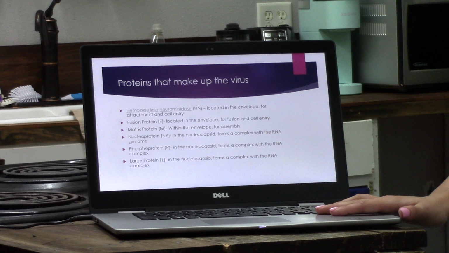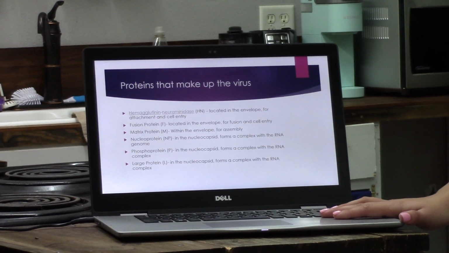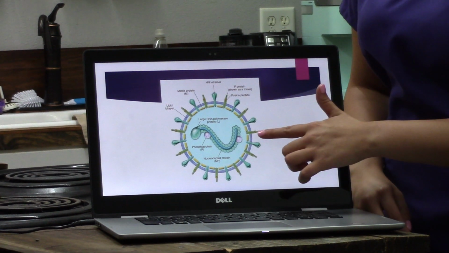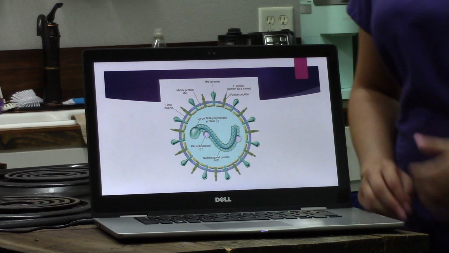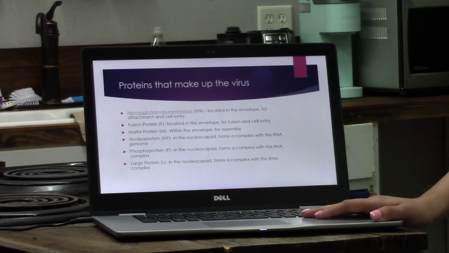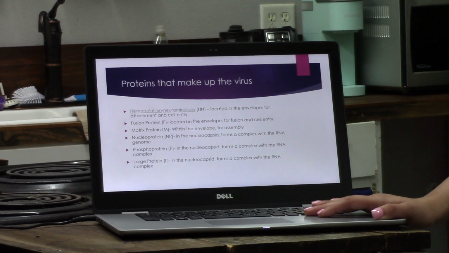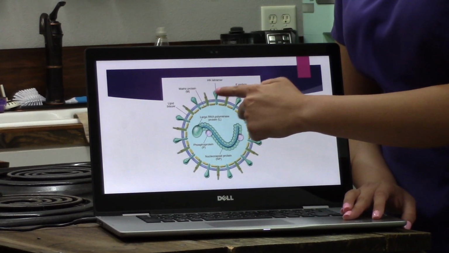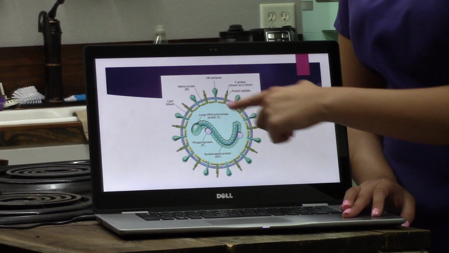The fusion protein, which is also located in the envelope, is for fusion and cell entry. So that is the green in between each teal one here. The matrix protein, which is within the envelope, is for assembly. So that is the yellow bars here in between each HN and F protein.